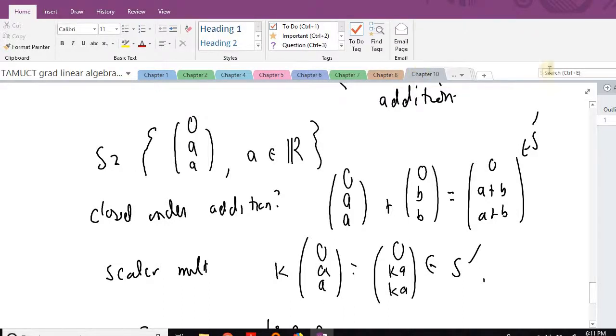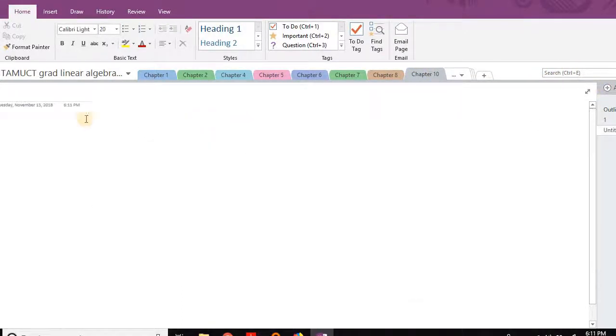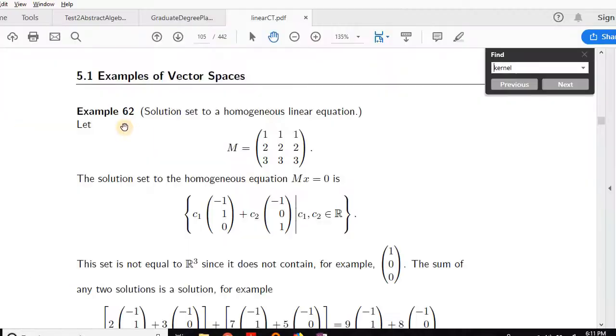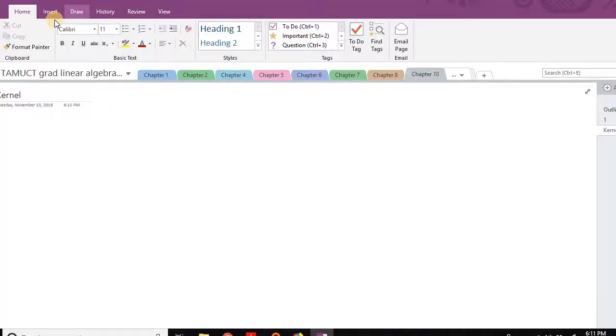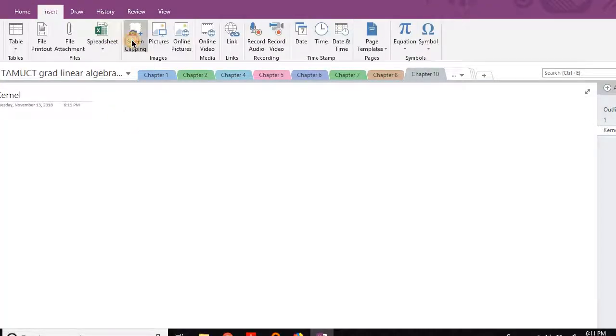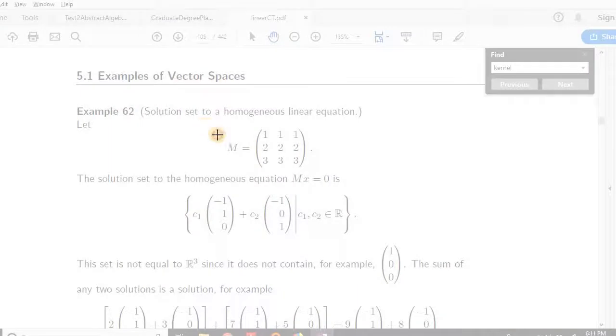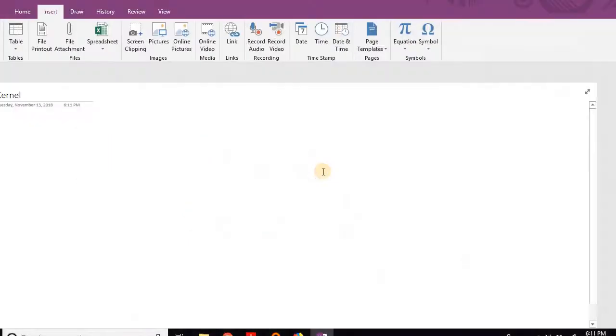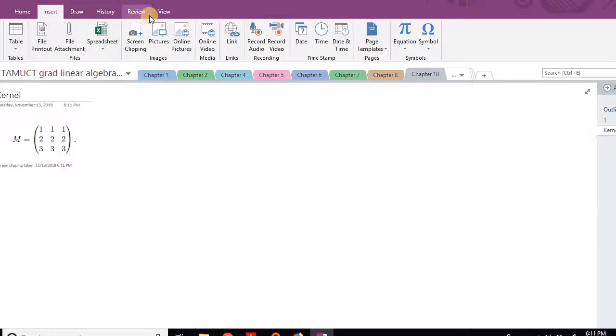I guess this is still chapter 10, so we'll add a page and we'll talk about kernel. Okay, let me copy that page. Insert, screen clipping. Here's this. Okay, we'll make it bigger.